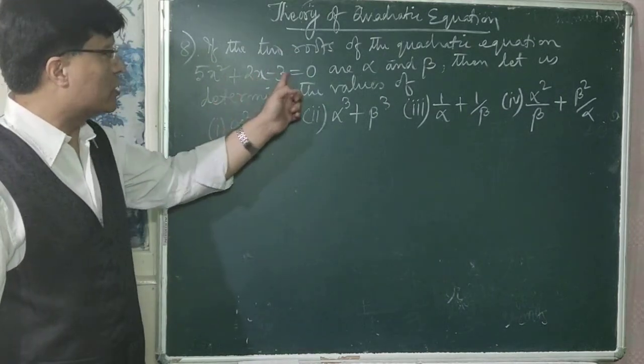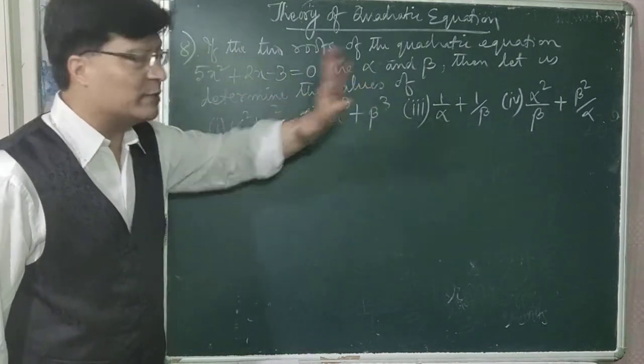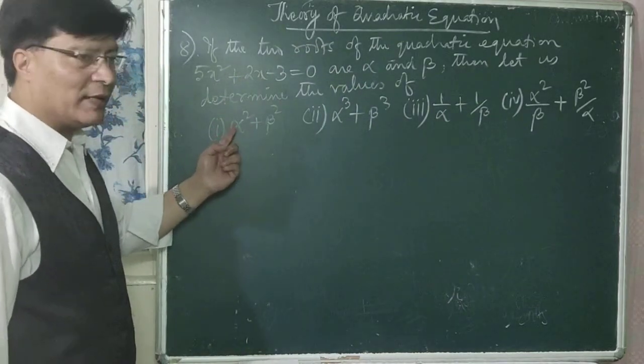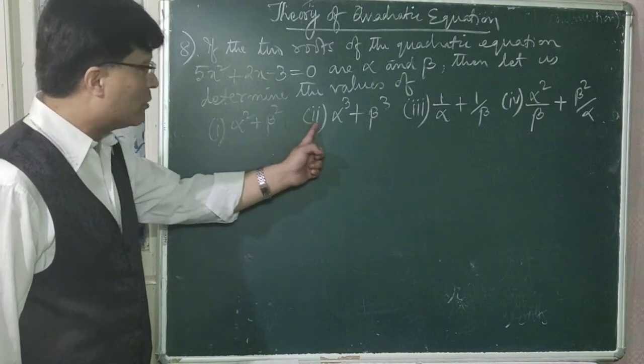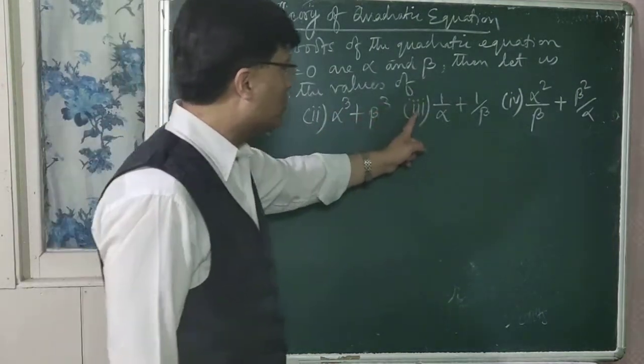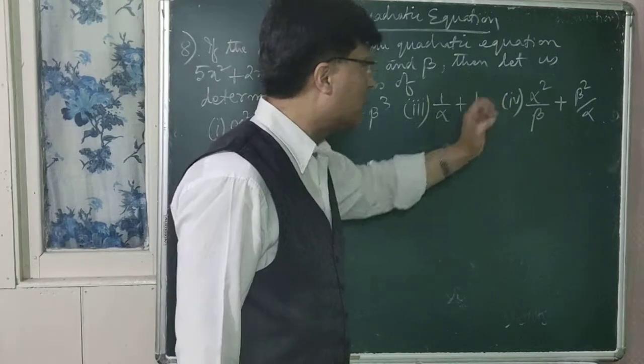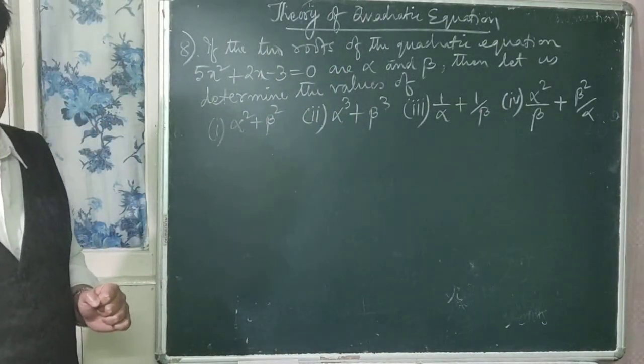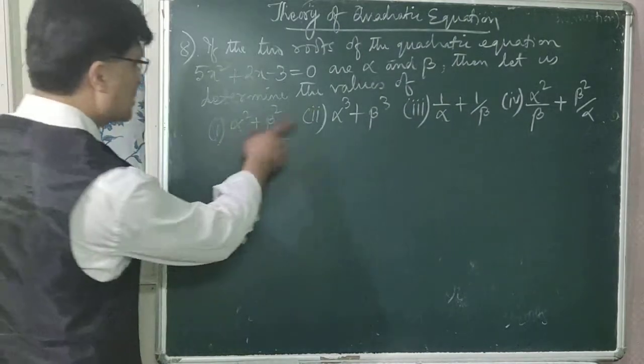Now you have to find out the values of alpha square plus beta square, alpha cube plus beta cube, 1 upon alpha plus 1 upon beta, and alpha square by beta plus beta square by alpha, right? Now let us find out its value.